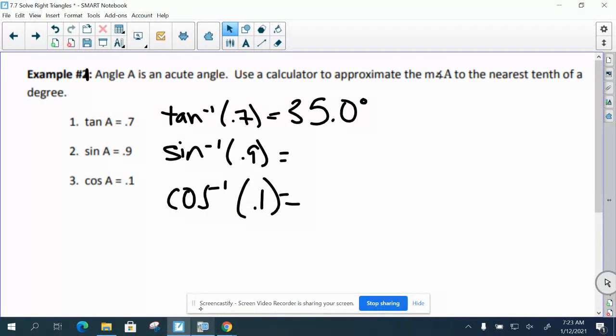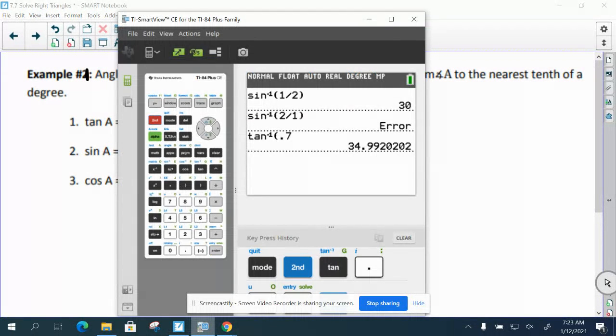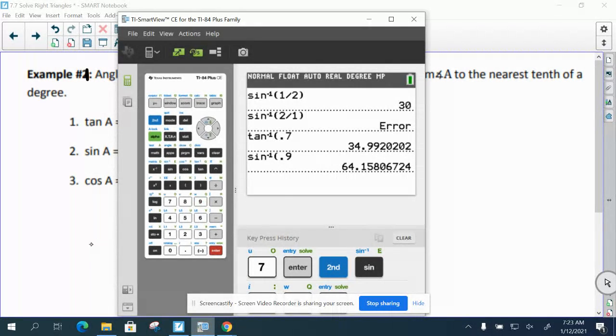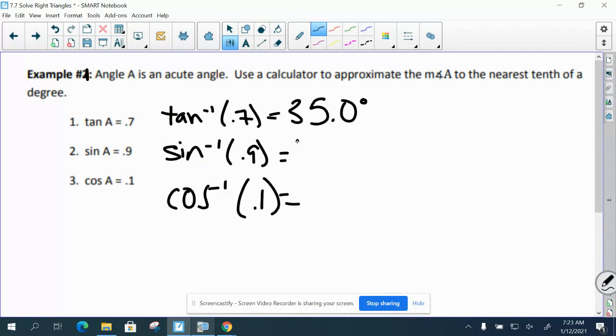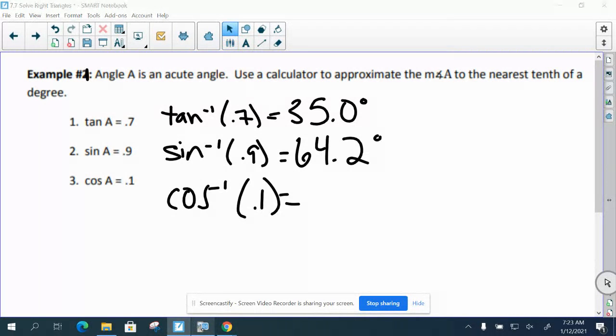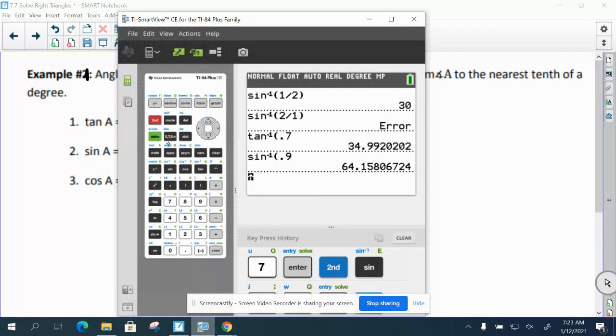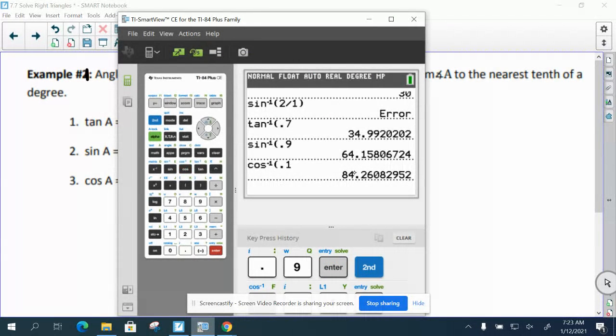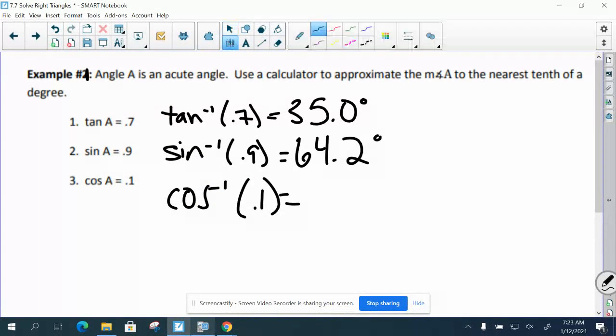And then second sine, to get sine inverse of 0.9, gives us 64.2 degrees. And then the cosine inverse of 0.1 gives us 84.3 degrees. Okay, so I wanted to talk about something else as well.